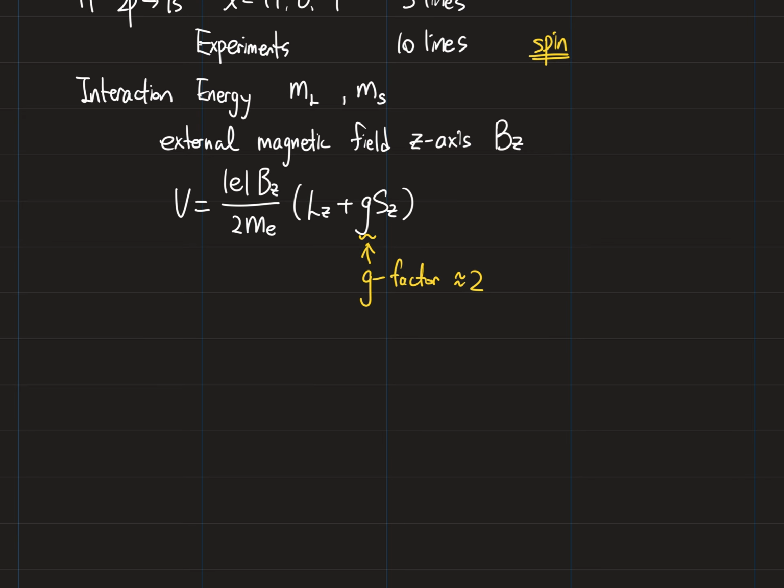Okay, and let's keep going. Now we are going to talk about the Landé g factor. Since the magnetic field is usually weak compared to the internal forces holding the atom together, we can use perturbation theory.